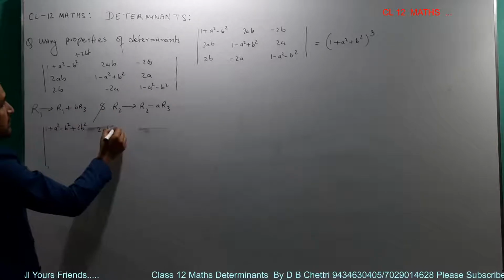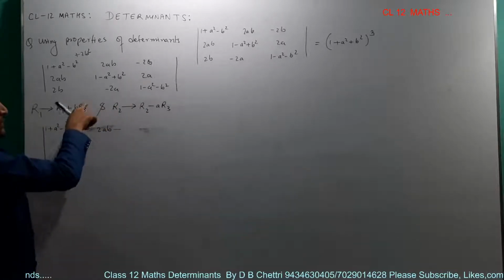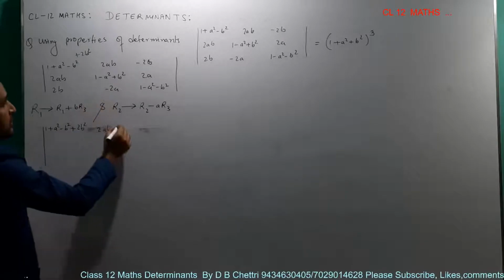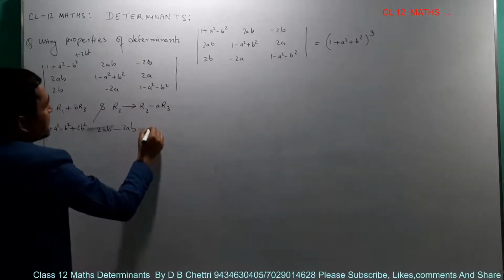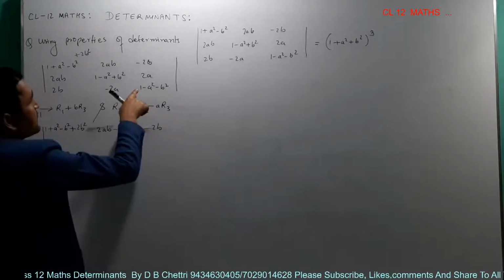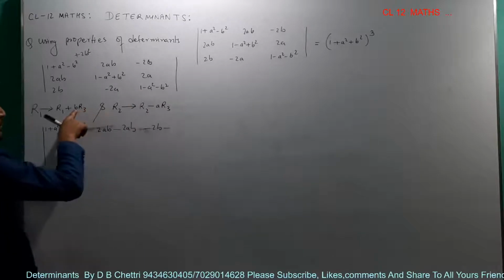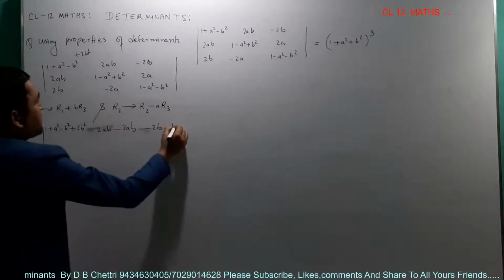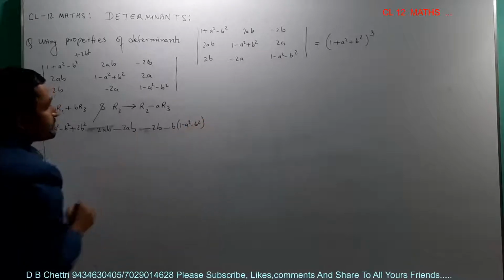Minus plus minus, and we are multiplying the whole row R3 by B. That means 2A multiplied by B, 2AB. Then minus 2B is there. Then minus, we are multiplying this by B. That means B times 1 minus A square minus B square.